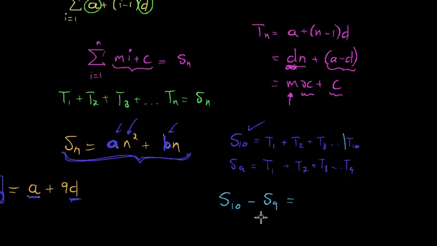Just hear the sentence. S9 is the sum of the first 9 terms. S10 is the sum of the first 10 terms. What's the difference between the two? Not 1. It's not T1. Both of them have T1 in it. Listen to my sentence. S10 is the sum of the first 10 terms.